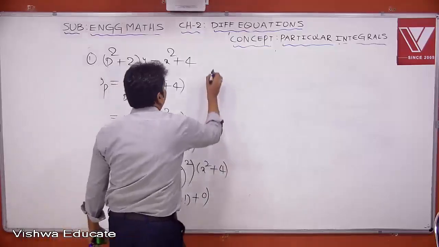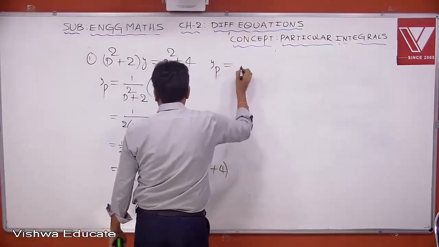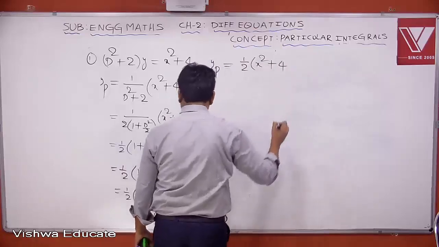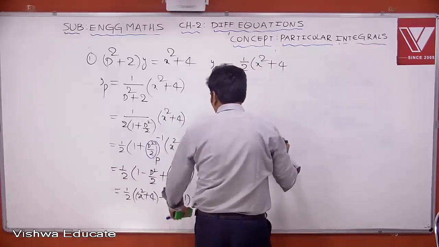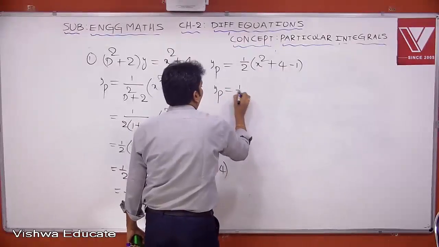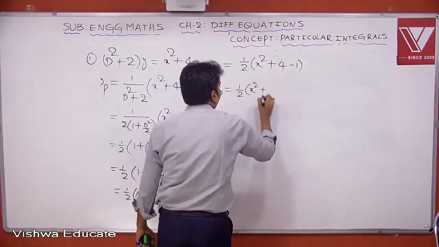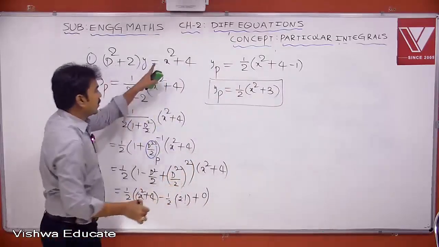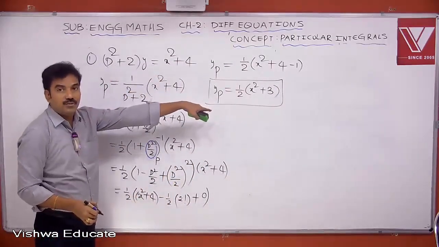Therefore the expression in this case, yp is 1 by 2 into (x square plus 4) minus 1 by 2 into 2 factorial, this is 1. So therefore yp equal to 1 by 2 into (x square plus 3). Therefore this is the particular integral in this case, but the degree remains the same.